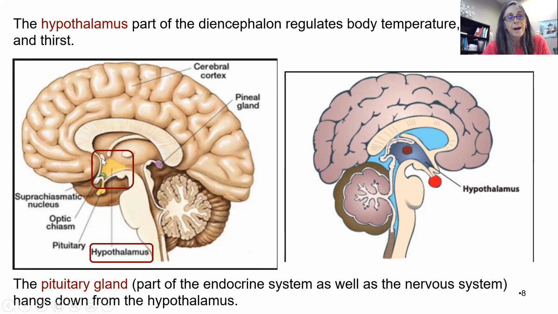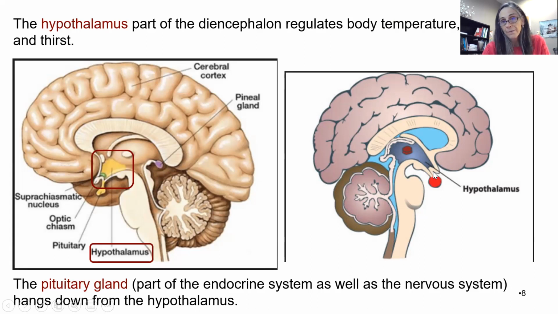And then, of course, on the posterior side of the thalamus, or diencephalon, you have the pineal gland. There it is, your little nugget that sticks out underneath, inferiorly, on the posterior side. Again, the pineal gland secretes melatonin.